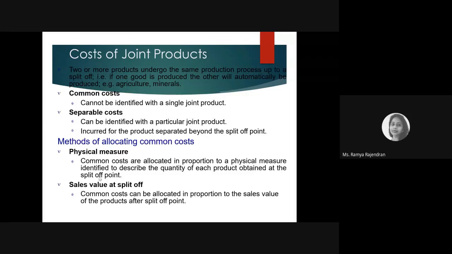Cost of joint products. Sometimes if we are making two products, the process of making both the products would be the same, maybe for most of the time. After a period of time, the assembly lines might get differentiated. So imagine Maruti, the car company.